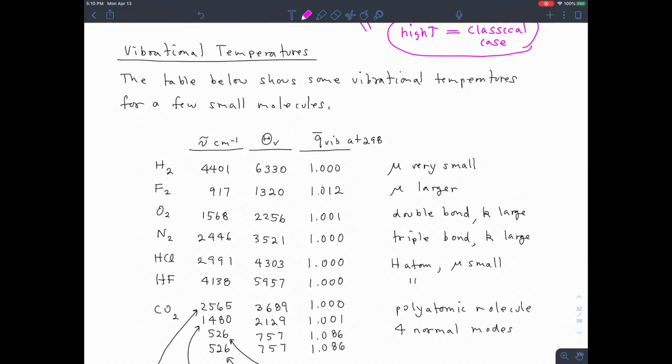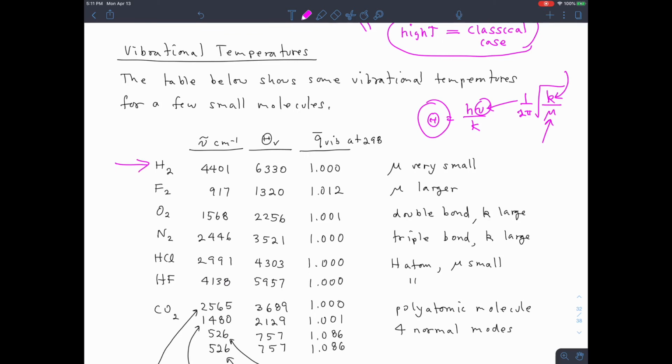All right, let's look at these vibrational temperatures now for real molecules. Remember that the vibrational temperature is h nu divided by k, so it's proportional to the fundamental vibration frequency for each molecule. And remember that the fundamental vibration frequencies are the square root of the force constant divided by the reduced mass. So molecules with reasonably strong bonds, and therefore largish force constants, or very small reduced masses, tend to have large frequencies and therefore large vibrational temperatures.